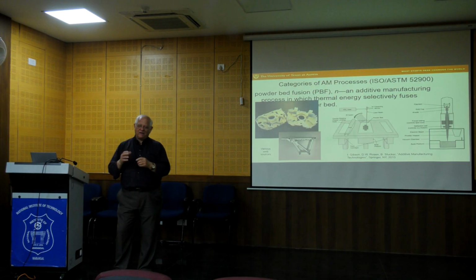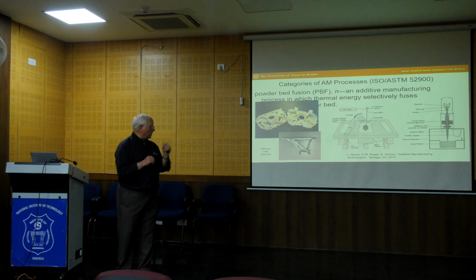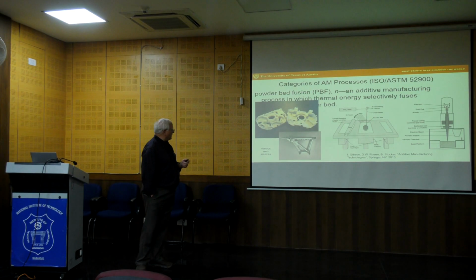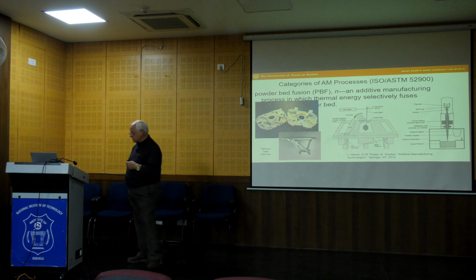Really the only kinds of objects that we can't build very easily would be something like a hollow sphere that's completely enclosed, because there's no way to get the powder out of the inside. But again, these are very limited cases. And for the most part, we can produce very nice geometries in materials without the need to remove support structures.